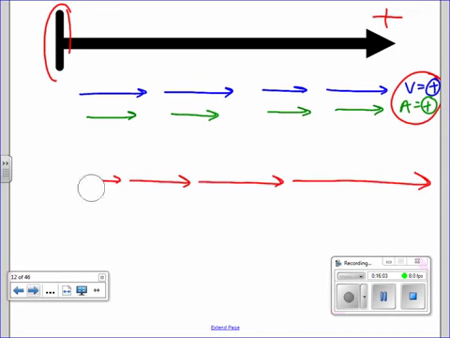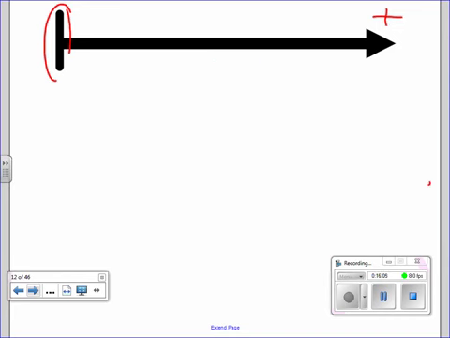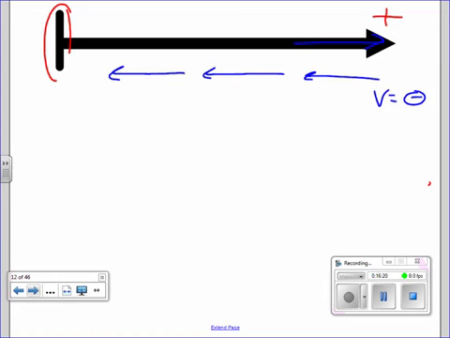Now, that was when the velocity had positive direction. Let's see, what if I drew this? What if I had an object moving to the left? What would be the sign of my velocity? Velocity would be negative, since the arrows are pointing to the left and I said to the right is positive. Okay, now what if I drew in acceleration vectors like this?